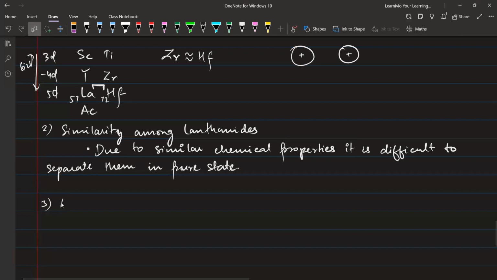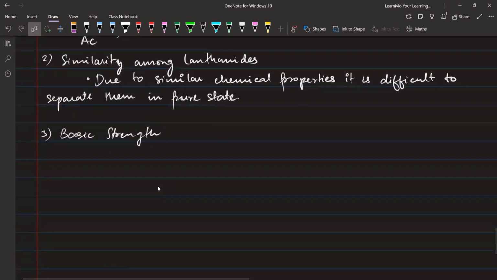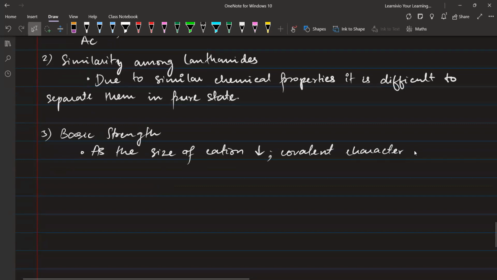Third is regarding the basic strength. Listen carefully here. As the size of cation decreases, covalent character increases. Okay.